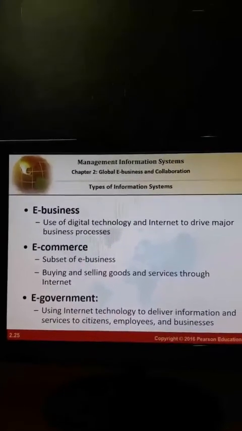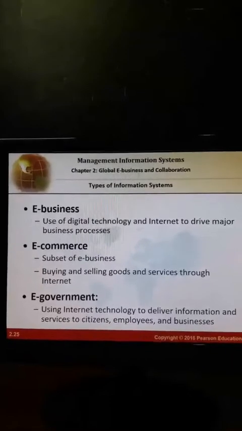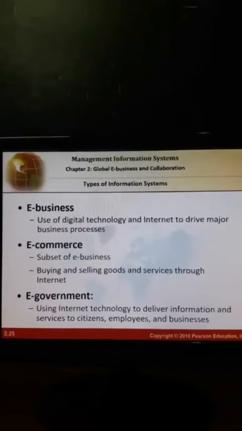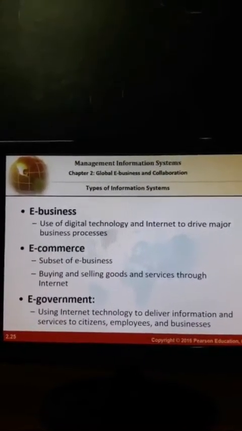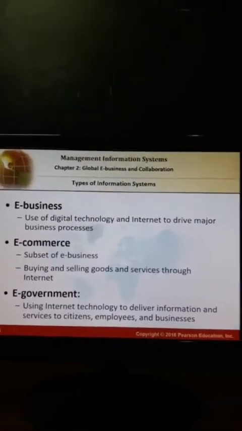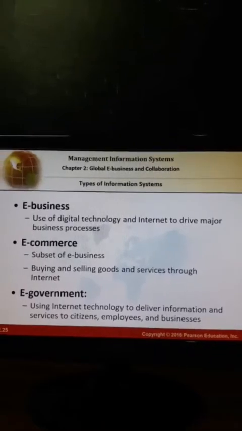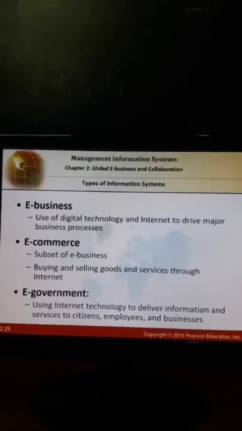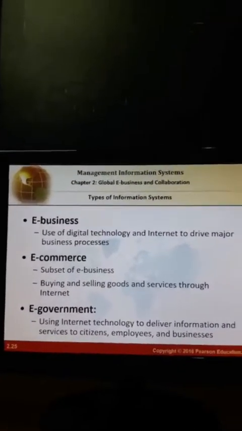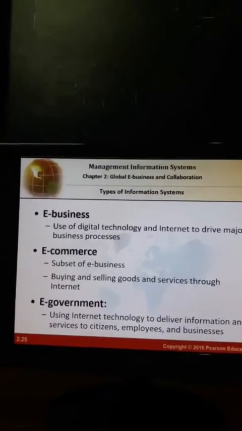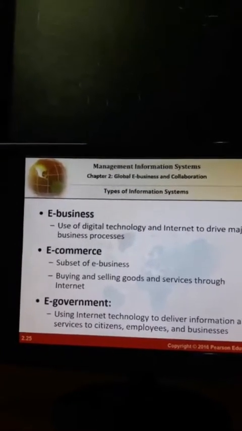When we talk about commerce, it deals with only buying and selling. So if we buy and sell electronically, that is e-commerce. But when we talk about e-business, from production to distribution, if you maintain the whole process electronically, that is e-business. Now the question is, what is e-government?